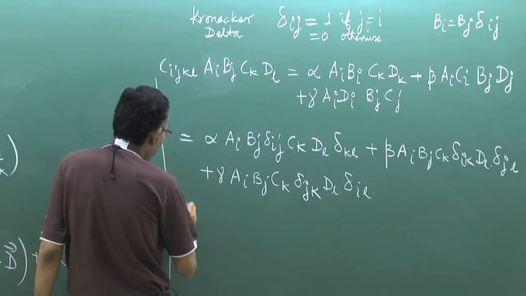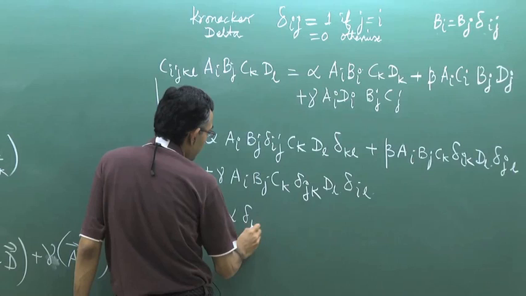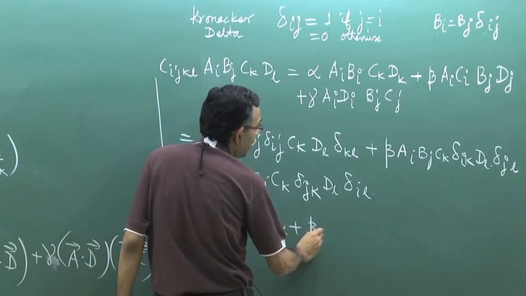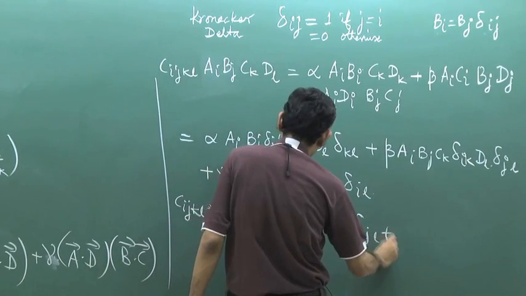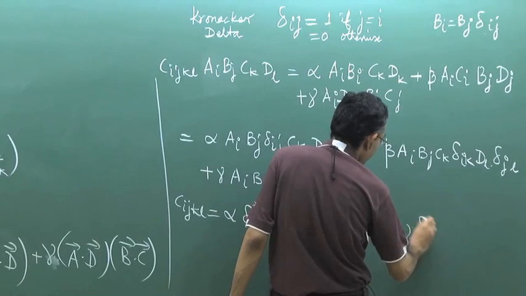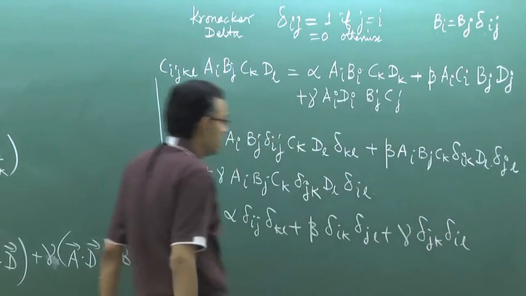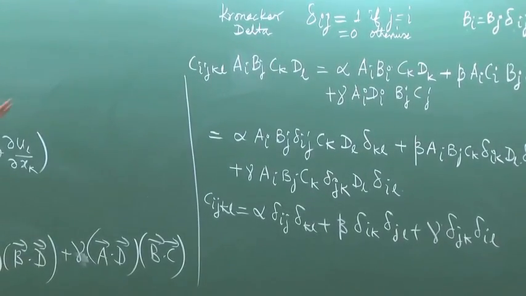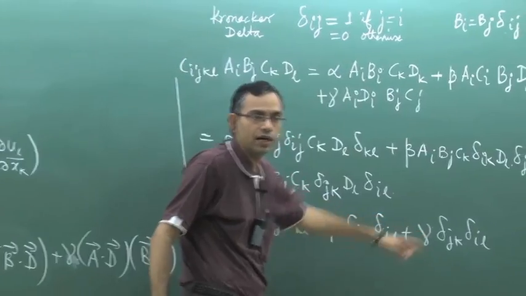We can write C_ijkl is equal to alpha delta ij delta kl plus beta delta ik delta jl plus gamma delta jk delta il. Now how many properties have come? Magically from 81 properties you are having 3 properties, alpha, beta and gamma.